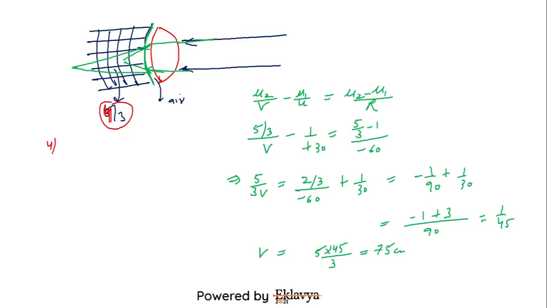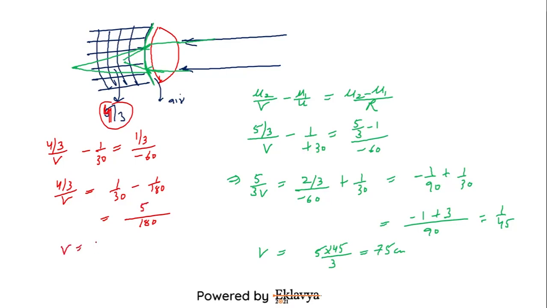So I will now write 4 by 3 by V minus 1 upon 30 is equal to 4 by 3 minus 1, which is 1 by 3, upon minus 60. So 4 by 3 by V is equal to 1 upon 30 minus 1 upon 180. So 180 becomes the LCM. 6 minus 1 becomes 5.